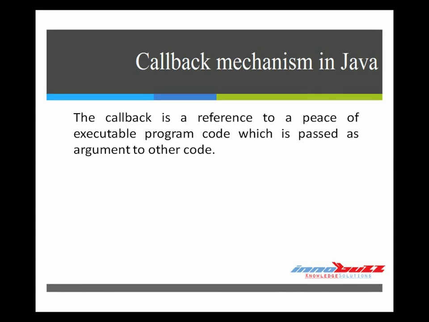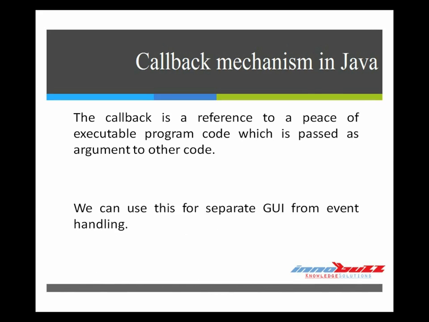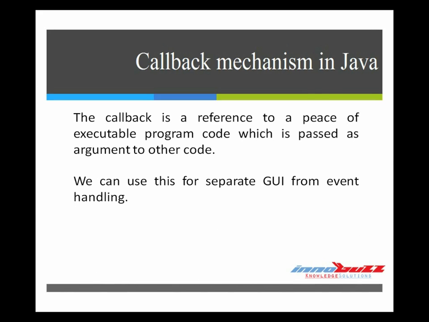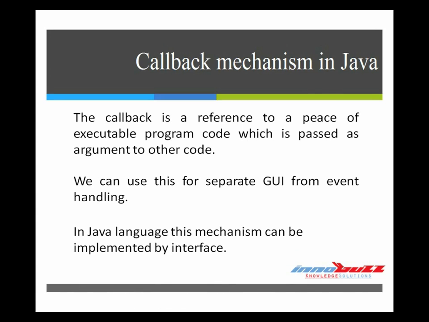We can use this mechanism when we want to separate the GUI code from the code that implements the events. In Java, we can make a callback mechanism by defining a simple interface that declares the method that we wish to be invoked. That method will do the same as an actionPerformed method does.